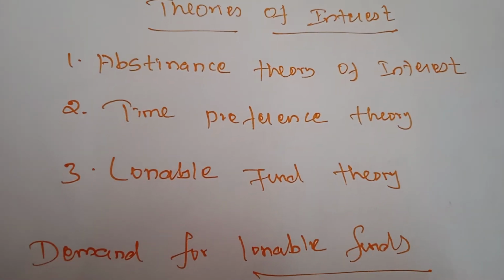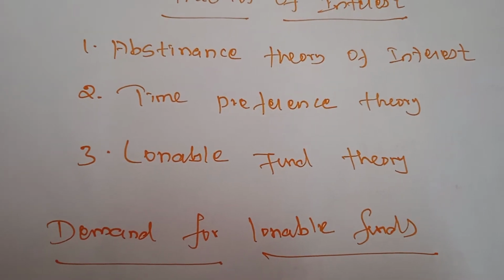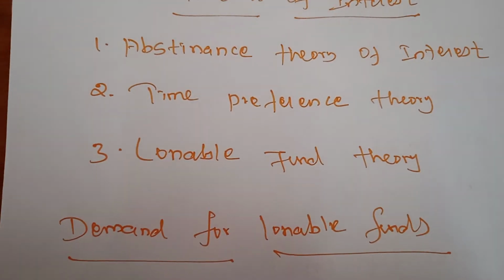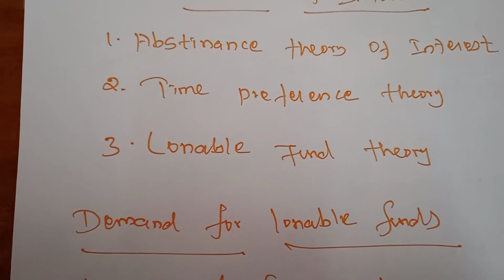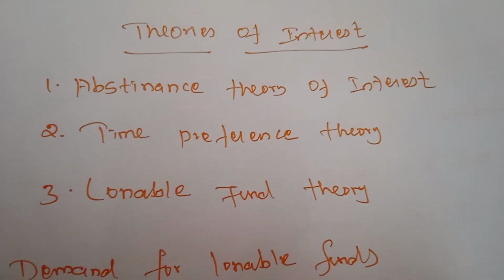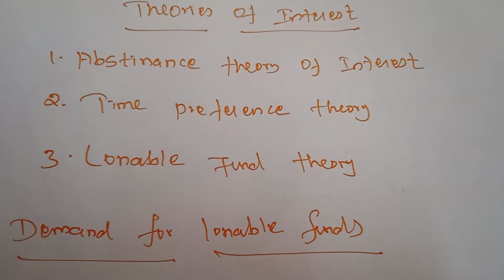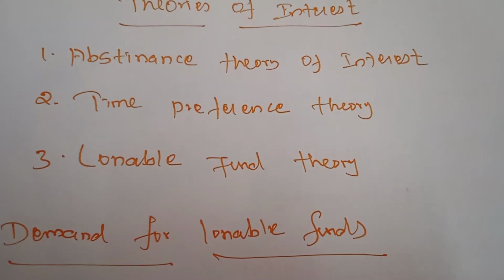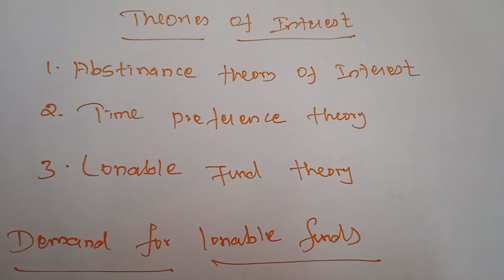Interest is the reward for abstaining from the immediate consumption of wealth. It is possible to save only if one abstains from present consumption. If you want to save more money, you have to sacrifice some of the present consumption and the propensity to consume.